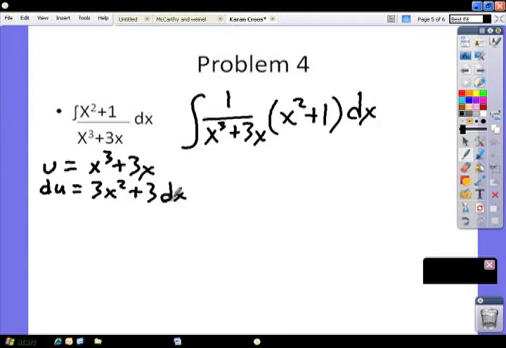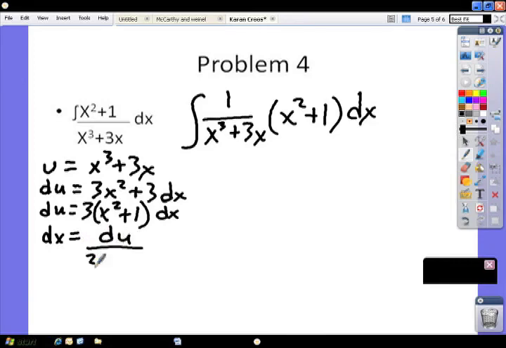After we get here, what we do is simplify it, so we take the 3 out and get 3 times (x squared plus 1) dx. Now we set it equal to dx, and so we get du over 3 times (x squared plus 1). Now we substitute the dx in.